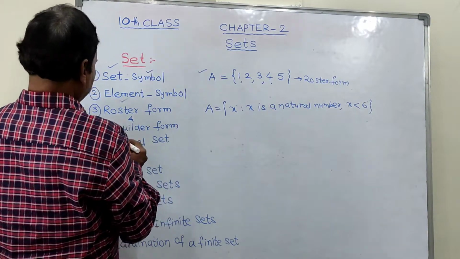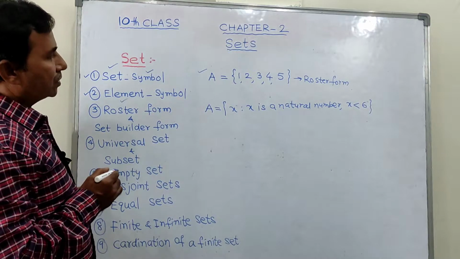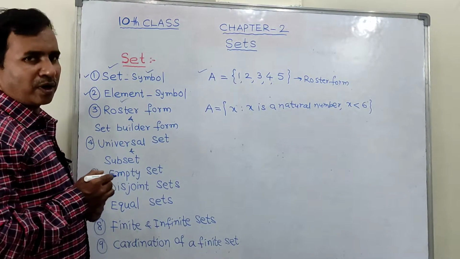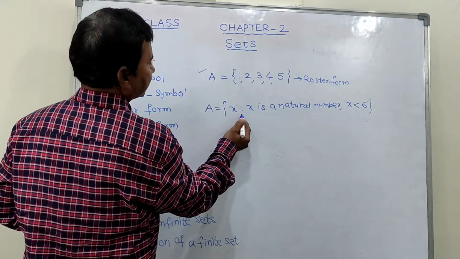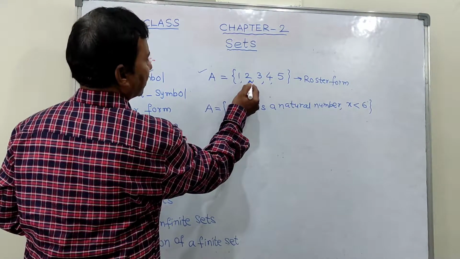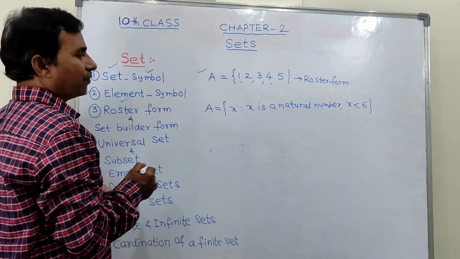Whereas in the set builder form means in the formation, in the form of a formula. See, we are not having directly here. Here we are having directly the numbers. Here we are mentioning by using like a formula.